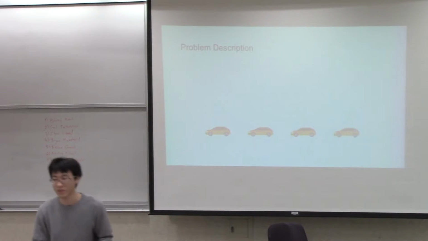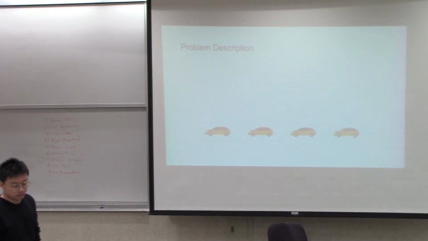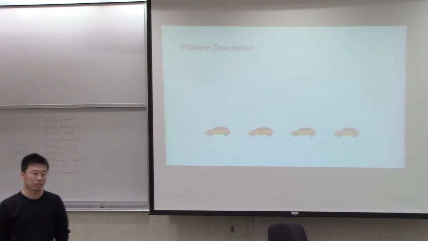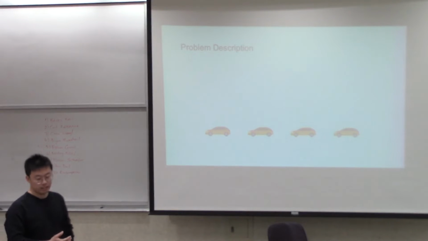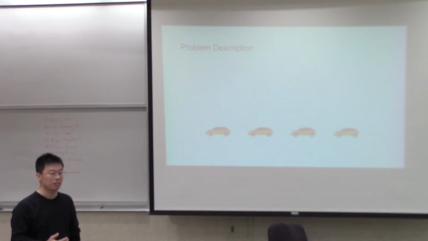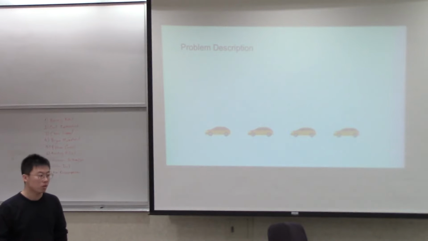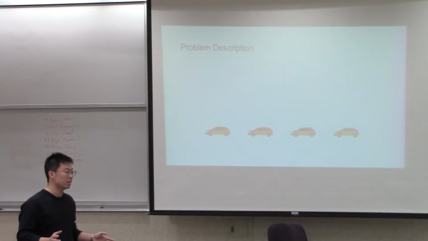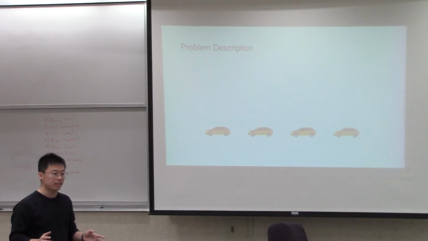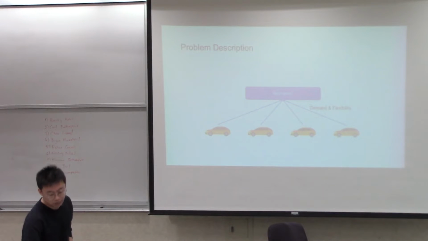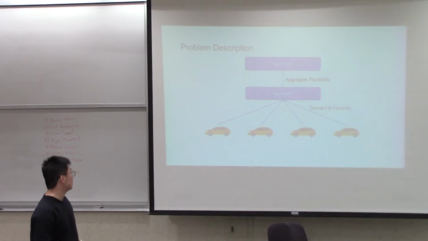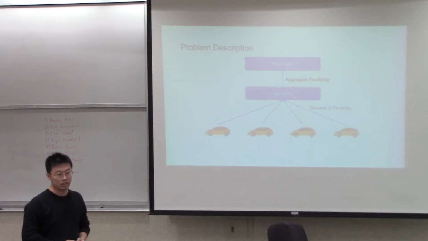Okay, so now let's move on to the problem. The aggregate flexibility problem can be described in the following scenario. Each EV will arrive following some certain distributions, and they will provide some flexibility, such as the energy they need and when they will depart. Then, based on this demand and flexibility, the aggregator will calculate the aggregate flexibility and provide it to the power grid.